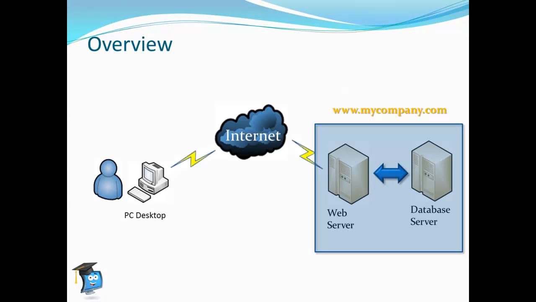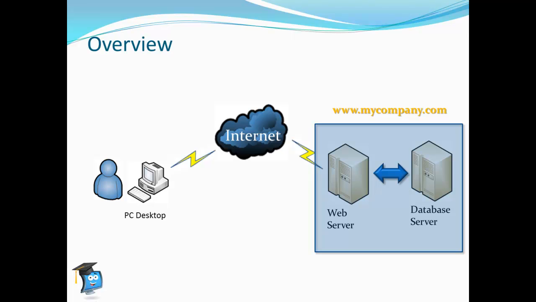Let's begin by reviewing the components of a website. Starting on our left-hand side, you have the user and the user's PC, whether it be a desktop, a laptop, or even some sort of pad like an iPad, but any device that would allow the user to access the internet. The user connects to the internet either using high-speed, cabled, or wireless.